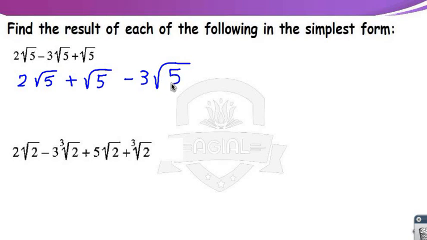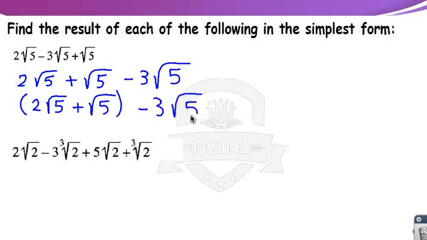Then we will use the associative property. We will put 2 square root of 5 plus square root of 5 in the bracket. Then we will minus 3 square root of 5.